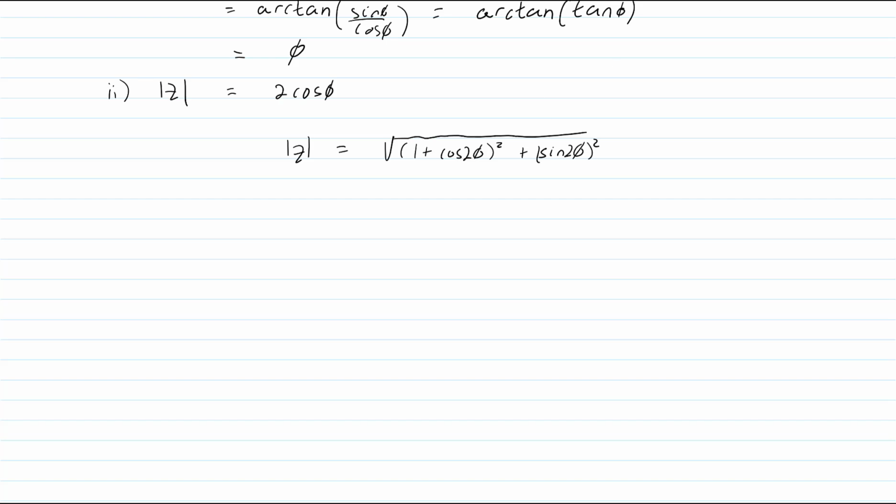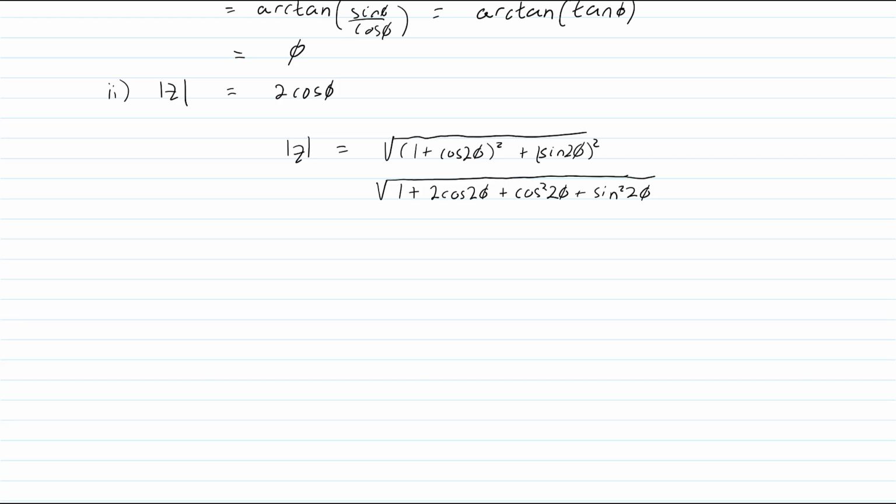So we can expand and start simplifying this a little bit. So then we're going to get the square root of 1 plus 2 cos 2 theta plus cos squared 2 theta plus sine squared 2 theta.